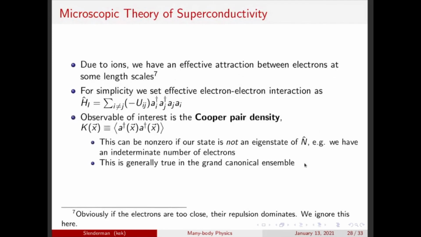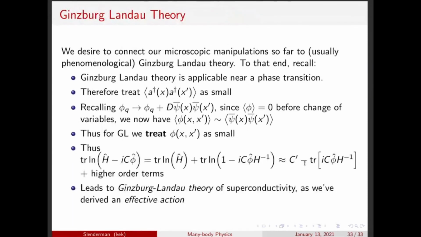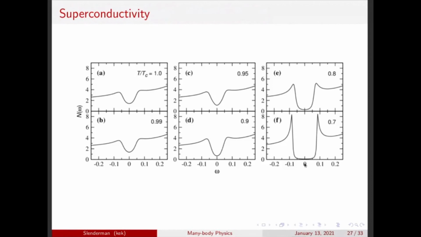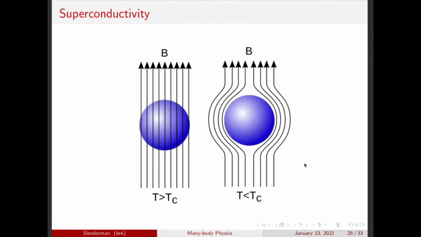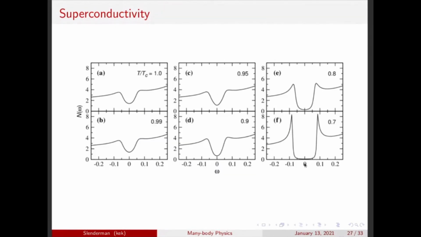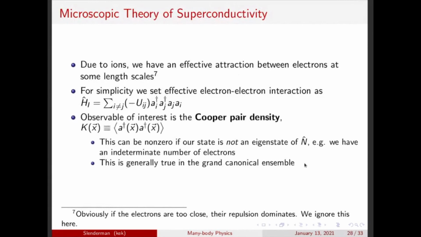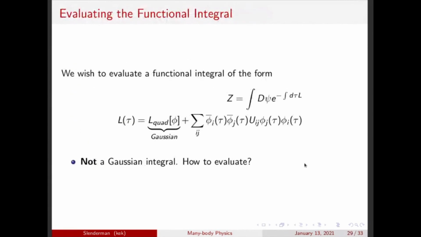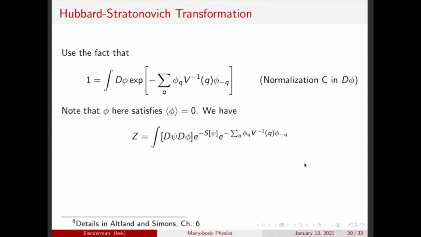Now, I had some slides, not too many, but too many to really go into, about deriving the Ginzburg-Landau theory of superconductivity from microscopic thermal quantum field theory, but I will have to refer you to the references for the details. It's too bad, too.